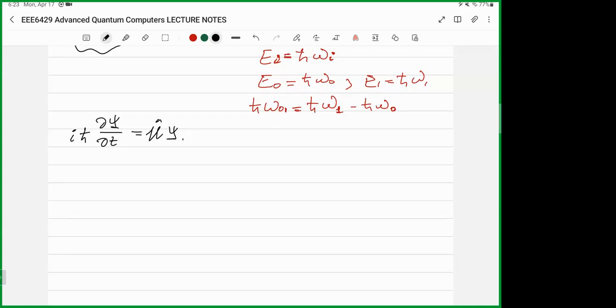Here I don't use the Dirac notation, so I just write psi instead of ket psi, for simplicity.